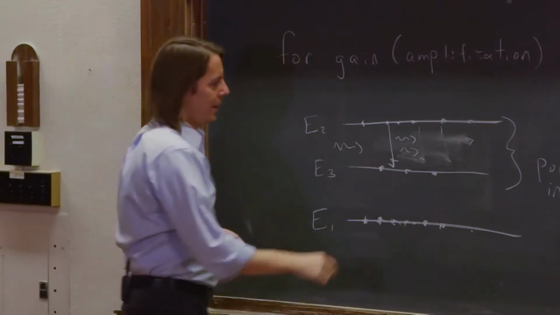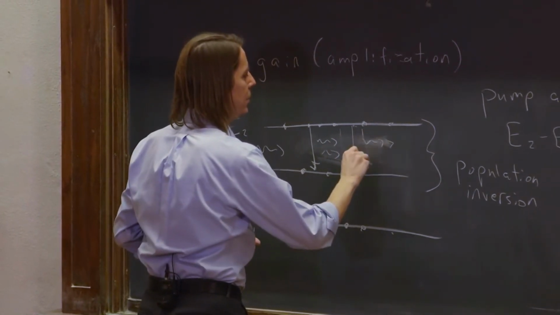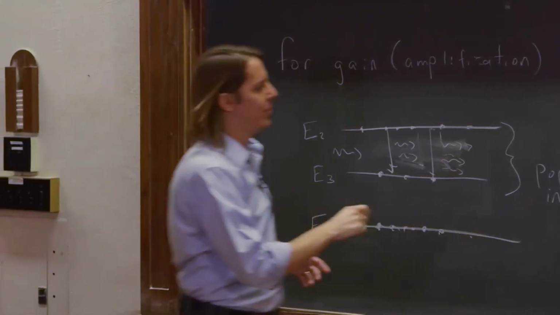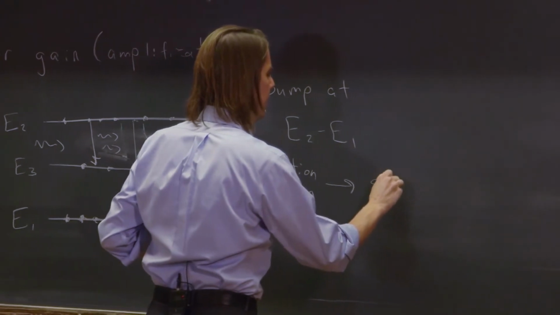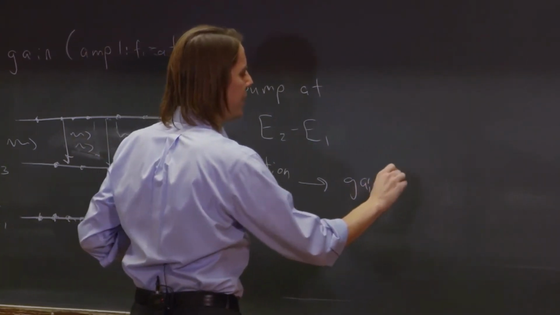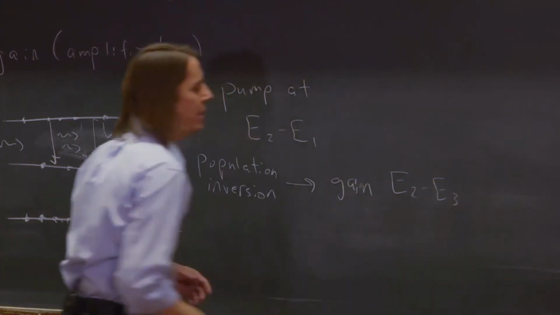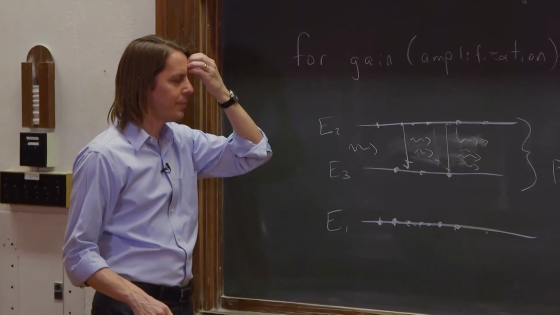Right? And then maybe those two stimulate another one to come down, and you get four, etc. So you can get gain, right? So population inversion can give you gain, and the way we've drawn it, and E2 minus E3 for photons between E2 and E3. You send one in, and there you go.